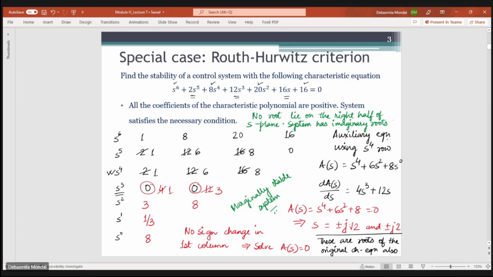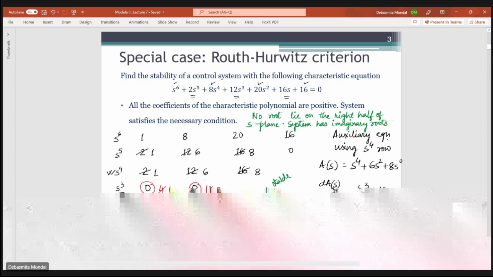Now for some other case, let's say the solution of this auxiliary equation gives you a pair of complex conjugate roots, and everything is lying on the left half of the S-plane. So in that case, you will say that since the system has a pair of complex conjugate roots and all the poles are lying on the left half of the S-plane, the system is stable.